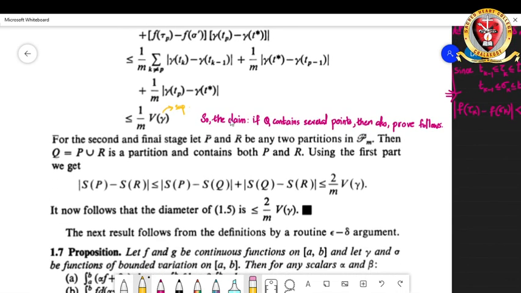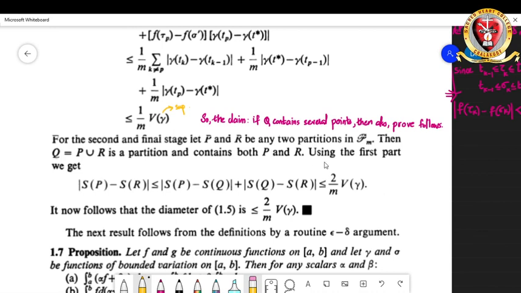Definitely their norms will be strictly less than 1 by m. Then Q, which is defined as P union R, is also a partition and definitely contains both P and R.